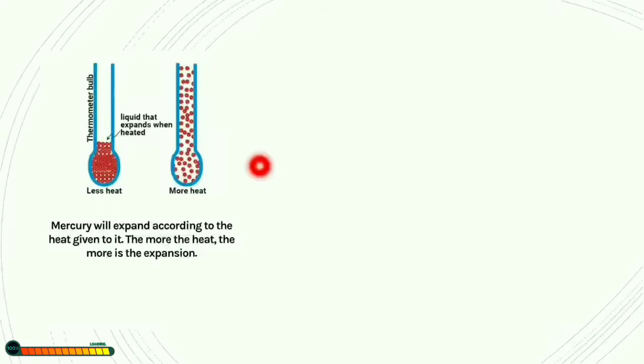Let us understand why we use mercury in thermometers. Because mercury is a metal which is in liquid form. So, on exposure to heat, it can expand. Look at the picture, it is expanding. The red dots are indicating that the mercury is expanding.